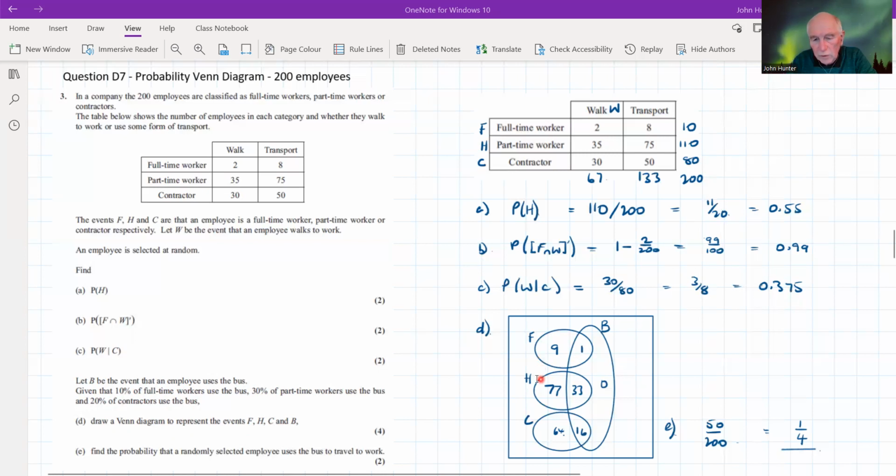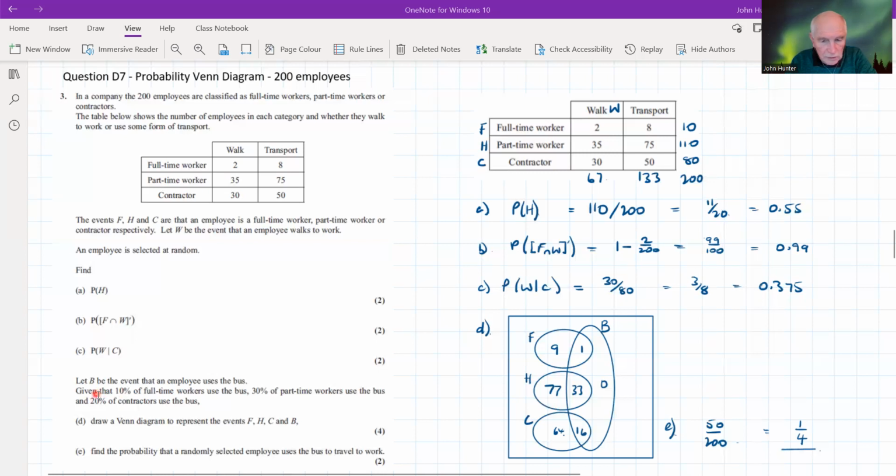You're either a full-time worker, a part-time worker, or a contractor. But any of these might actually be using the bus. Okay, so how do we actually know what goes in this bit, the non-bus users, and this bit, which are the bus users?